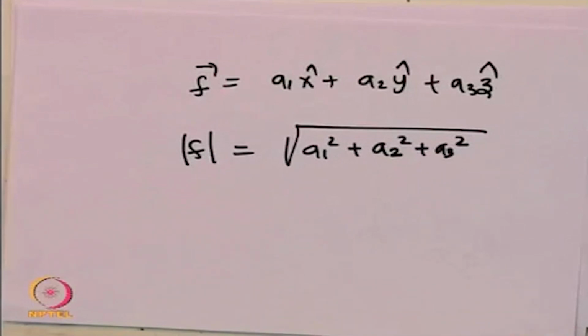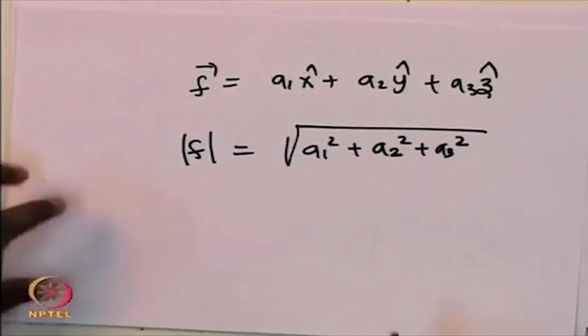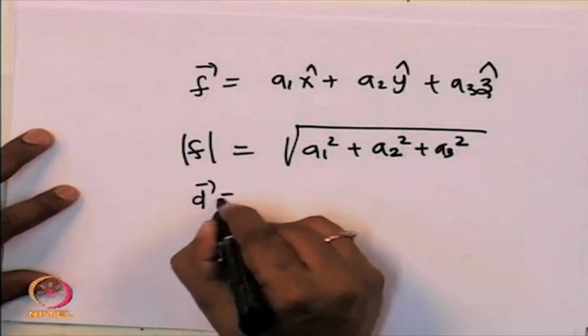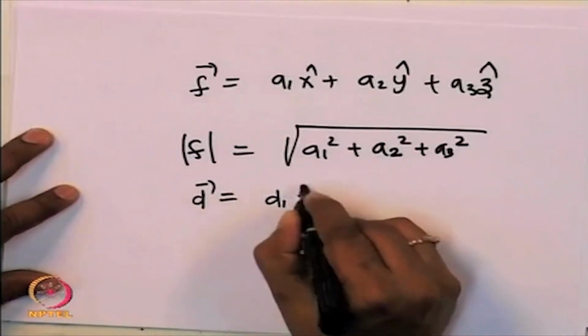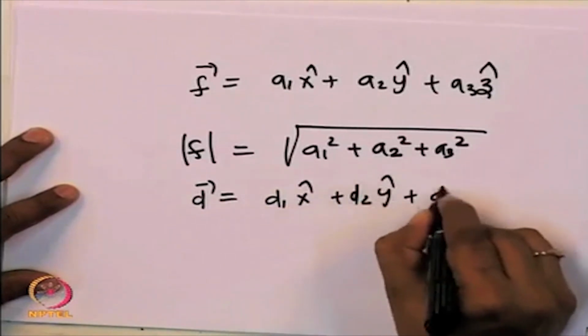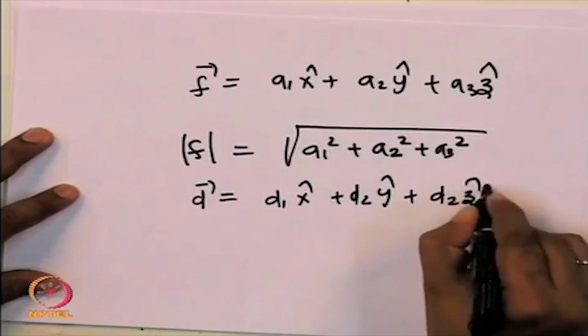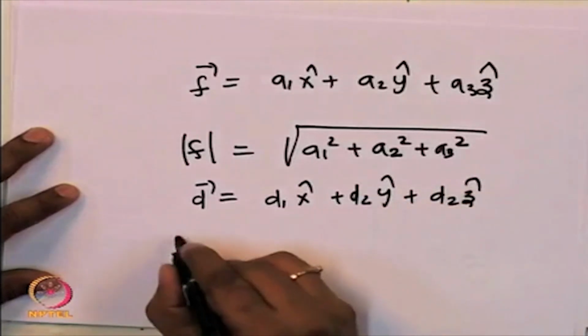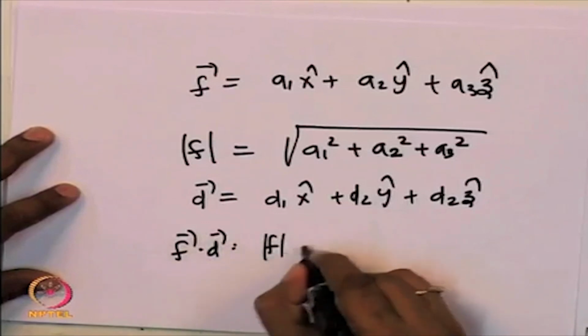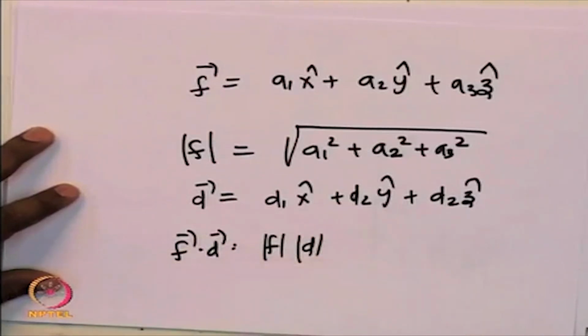Similarly, if you have a vector d which is d 1 x plus d 2 y plus d 3 z, then f dot d is mod f mod d if they are in the same direction.